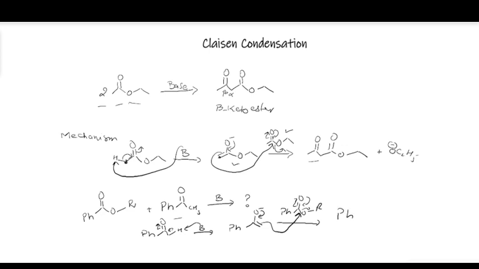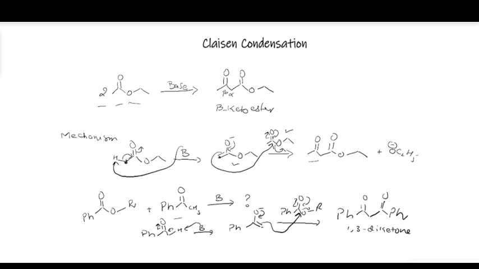And so we have this phenyl group which has this ketone restored, and then we have attachment of this carbon here and the phenyl group. And so you know that this is a 1,3 diketone formed in this case. So if a ketone condenses with an ester in the presence of a base, we get a 1,3 diketone. But if two esters condense together, then we get a beta keto ester.